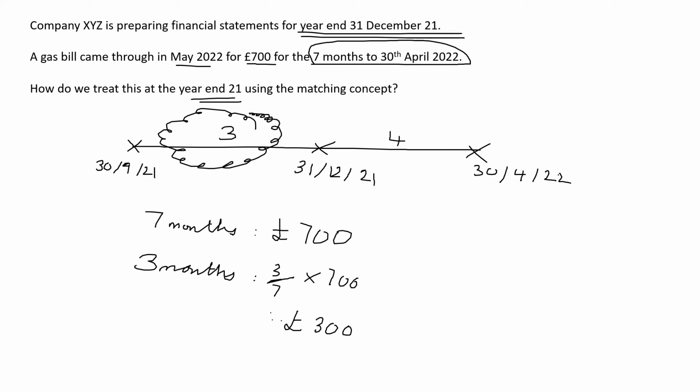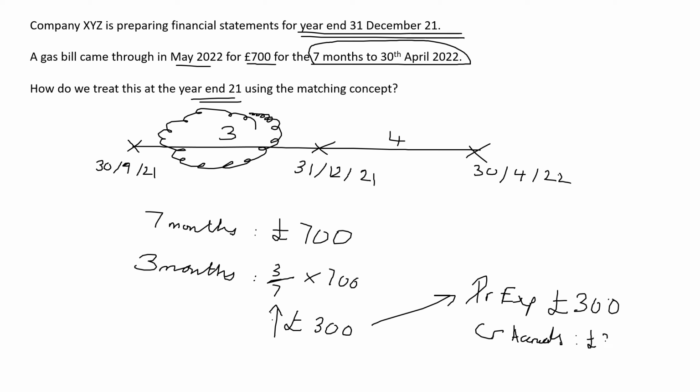So we need to increase our expense by £300. And how do we do this? Well, we do debit expense £300, and we put the credit to accruals, as we stated before, of £300. Don't you just like it when everything ties in? And then that's us done, and we can go to sleep.